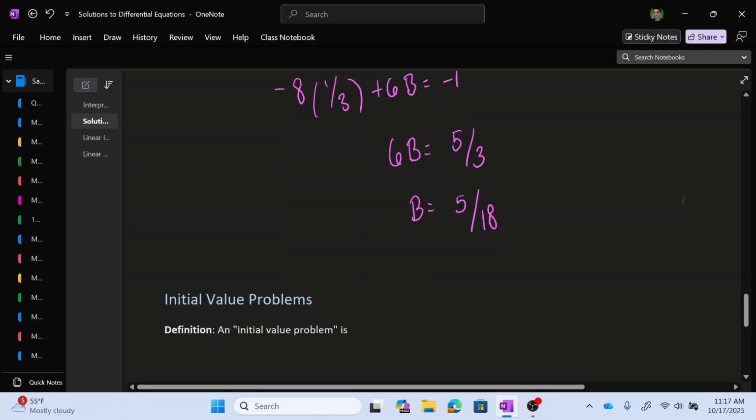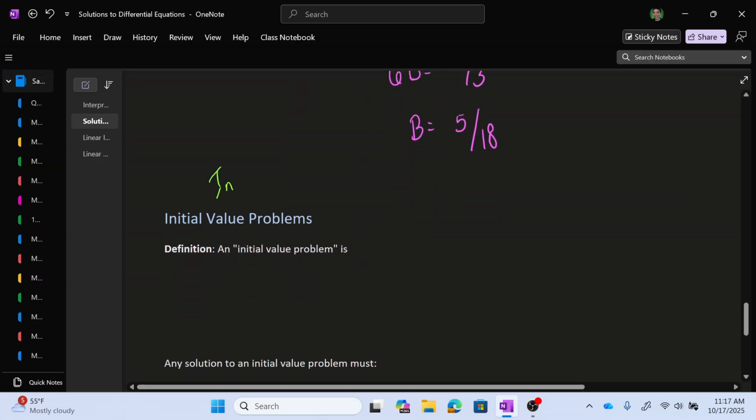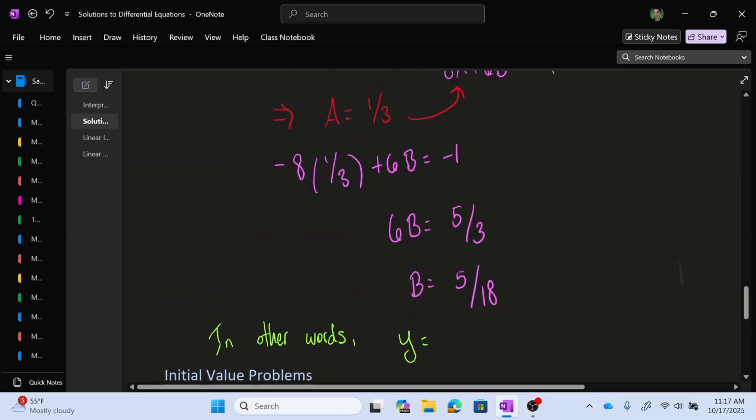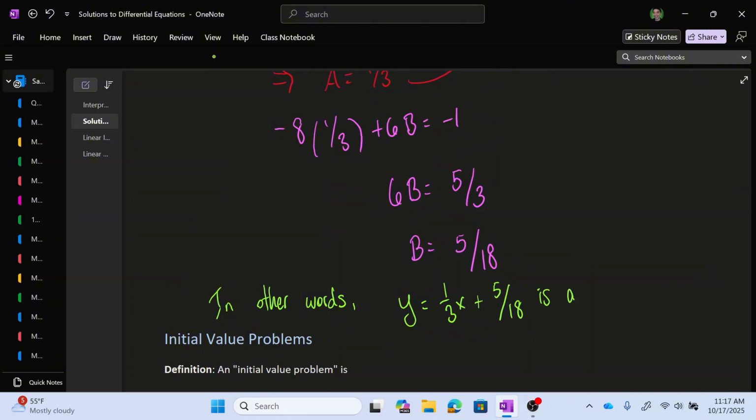In other words, the function y equals 1/3 x plus 5/18 is a solution to the differential equation.